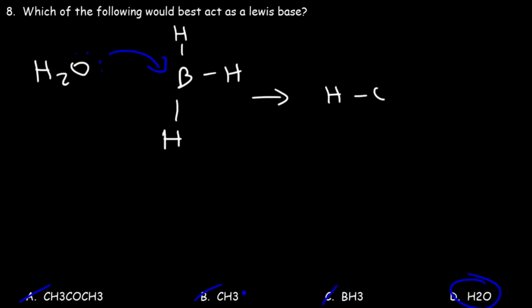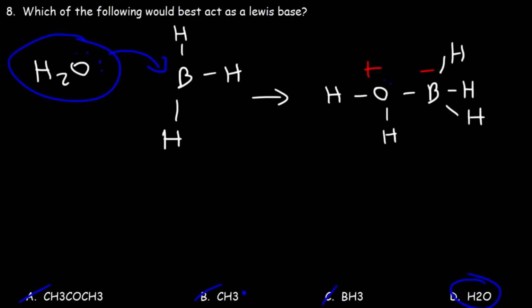And so we're going to get a product that looks like this. Boron is going to have a negative formal charge. Oxygen is going to have a positive formal charge. And so we can clearly see that water is behaving as the Lewis base, which is the nucleophile. So D is the right answer.